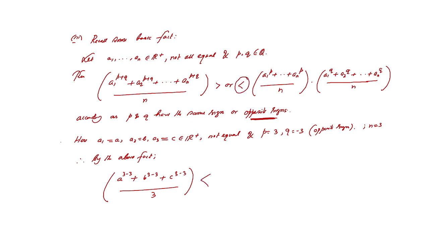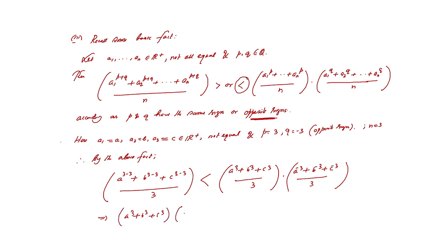So this is less than A cube plus B cube plus C cube by 3 into A to the power -3, B to the power -3, C to the power -3 by 3 again. So what we will get? Here we will get A cube plus B cube plus C cube multiplied by 1 by A cube plus 1 by B cube plus 1 by C cube. This value is greater than 9. So again we proved this inequality.